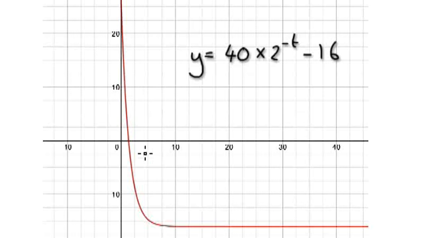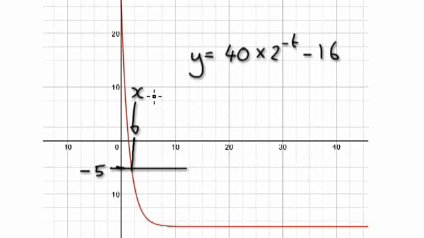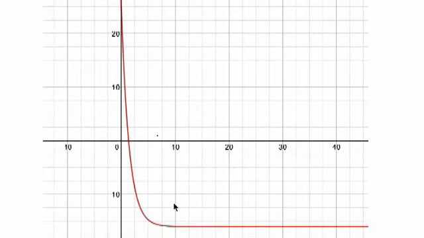Minus 5 will be here. So really, we want it to be here. So whatever this point here is, that would be the value of your x, sorry, the t that you wanted to know. Okay. So the actual curve will look something like this.